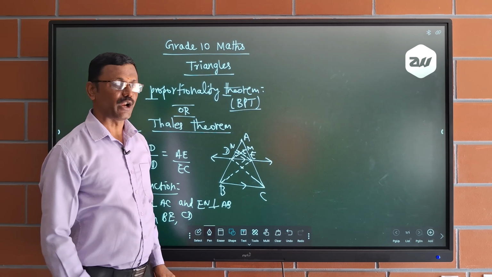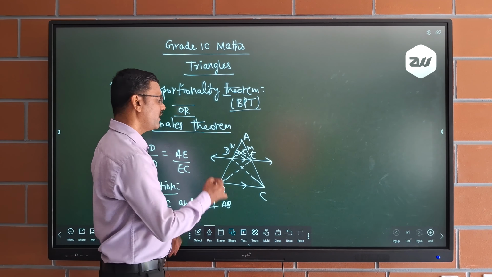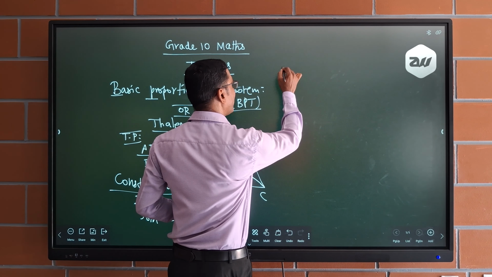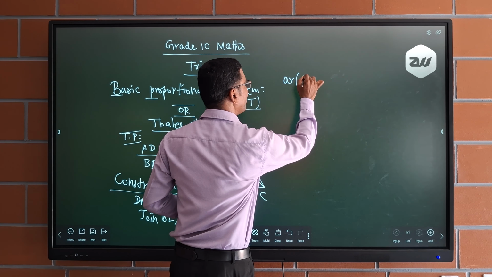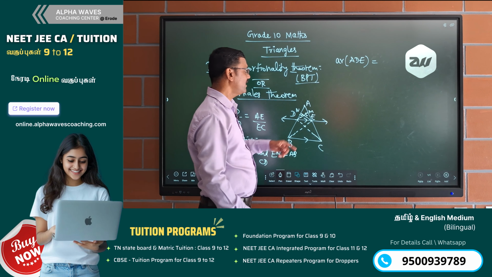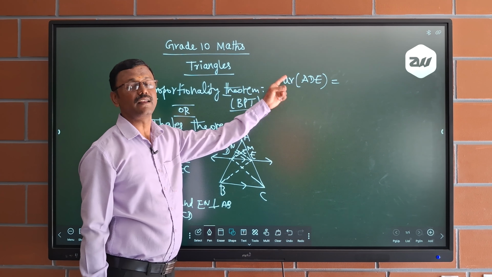Next, again I go to triangle ADE and find its area. Now base and height differ. Now I take AE as base and DM as height, and I find the area of the triangle. So I directly write area of ADE. Shortly I write area of ADE, that means area of the triangle ADE.